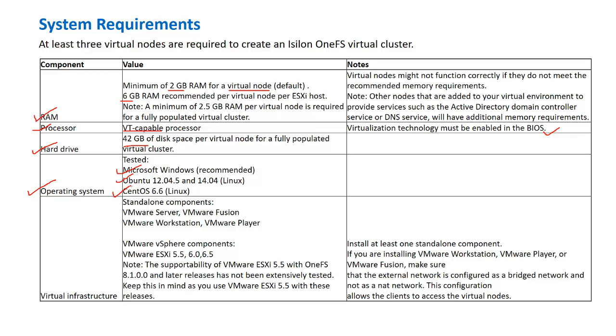That means since we are deploying the OVA file, we should have VMware Server or VMware Fusion or VMware Workstation or VMware Player, or you can install this cluster on ESXi as well. These are the system requirements.